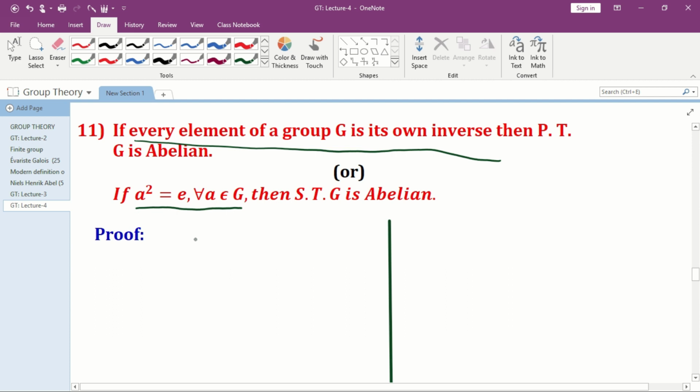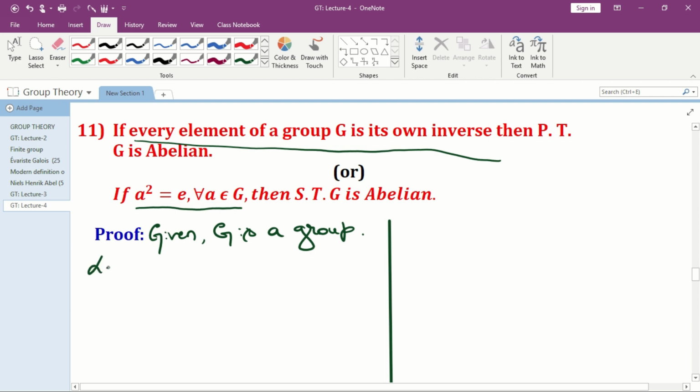Okay, what is given in the first statement? We shall write given: G is a group. And in the statement we have every element of a group G is its own inverse.